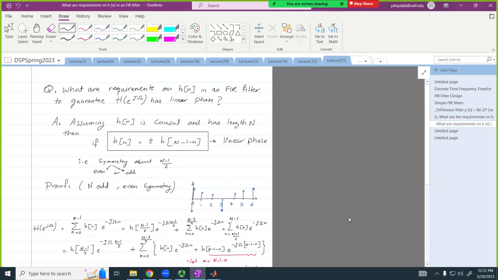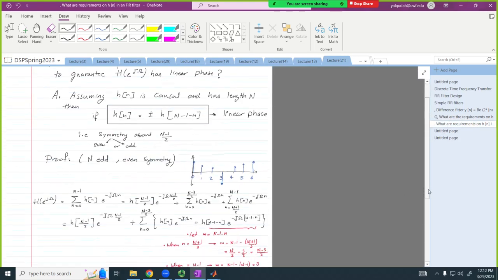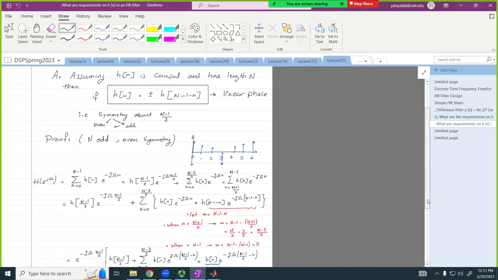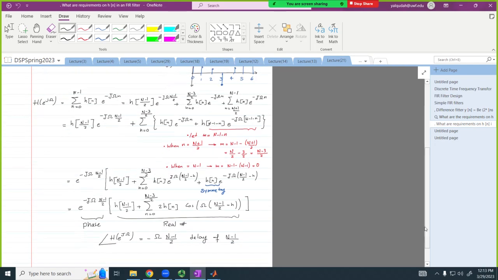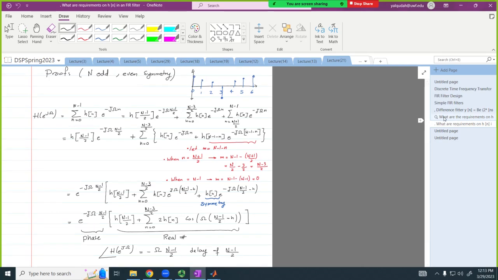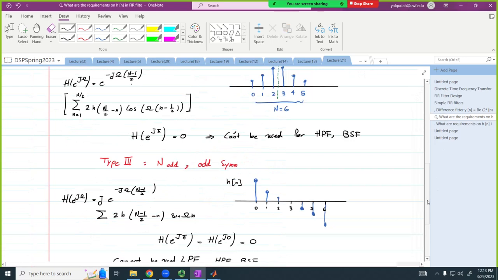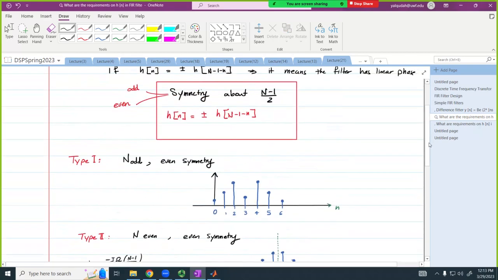Okay, so let's look at the case when N is odd and we have even symmetry, and derive the expression for H(e^jω). Sounds good? So N is odd and even symmetry. So I'm going to write here, see next page.